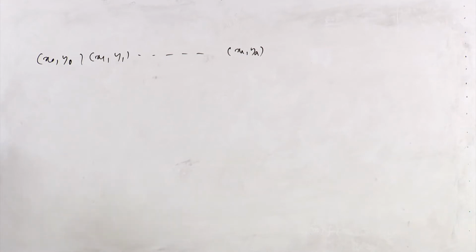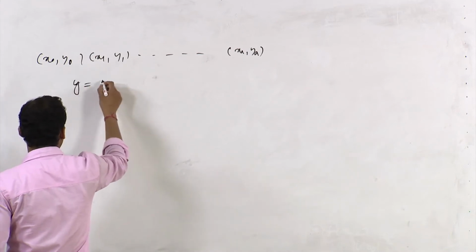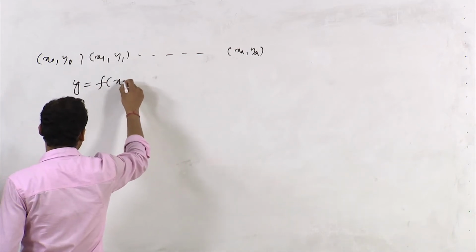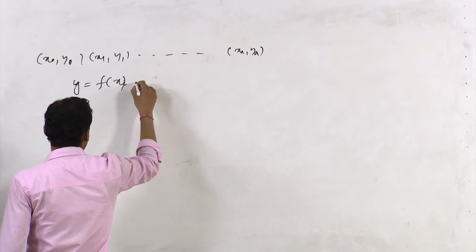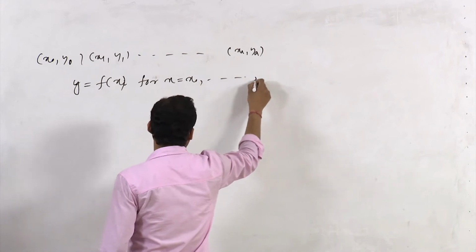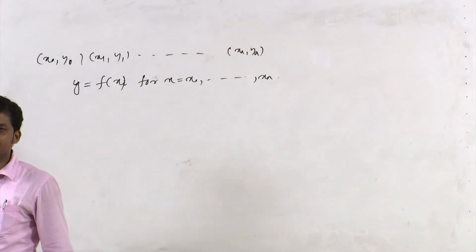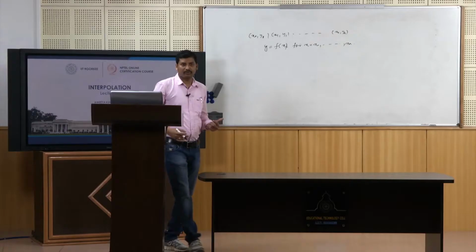Suppose we express the values of y in terms of x as y equals f of x for x equals x0 to xn.